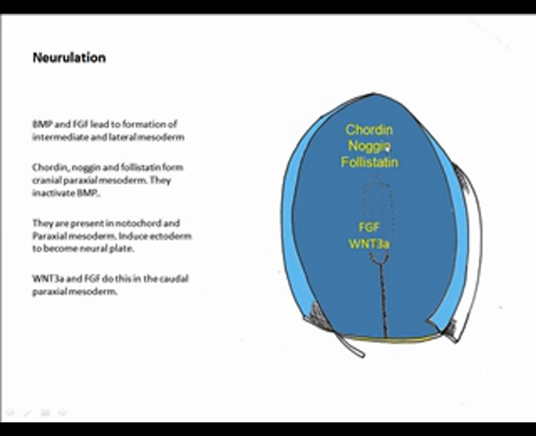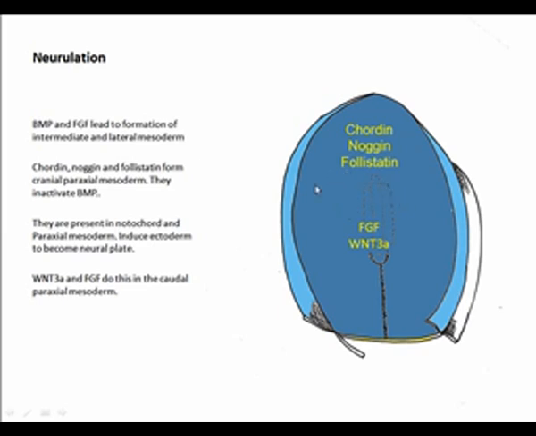So chordin, noggin, and follistatin are going to be important in allowing for the formation of the paraaxial mesoderm on either side of the notochord.